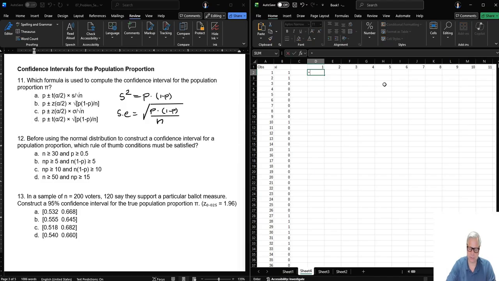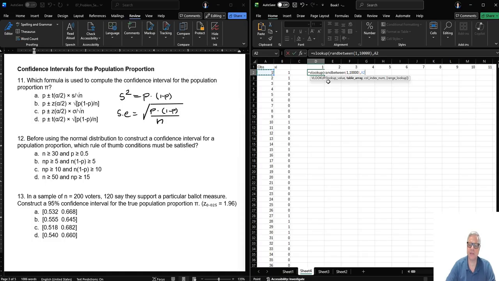So the way to do that is again to use the VLOOKUP. So we say VLOOKUP, and then what do we want to look up? A random number, RANDBETWEEN, open parentheses 1 and 10,000, comma, then Excel wants to know where is the table array.